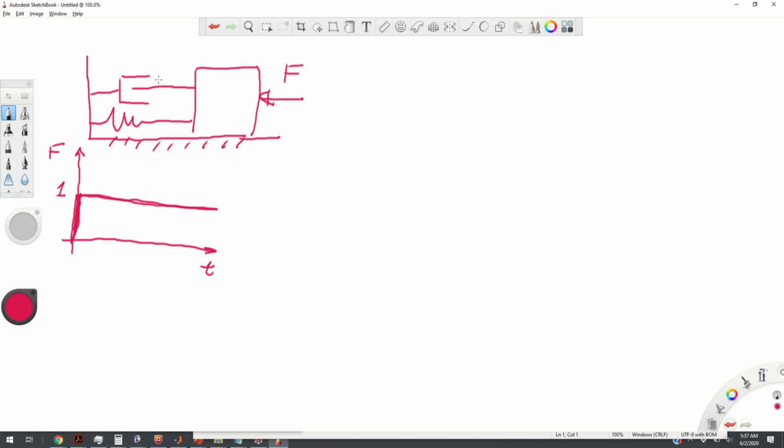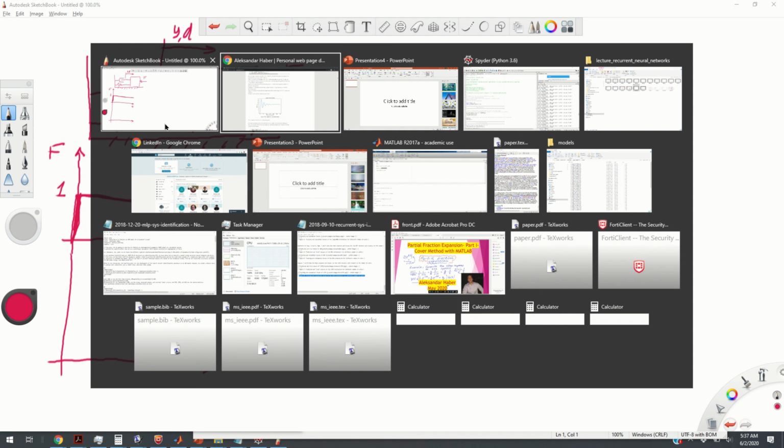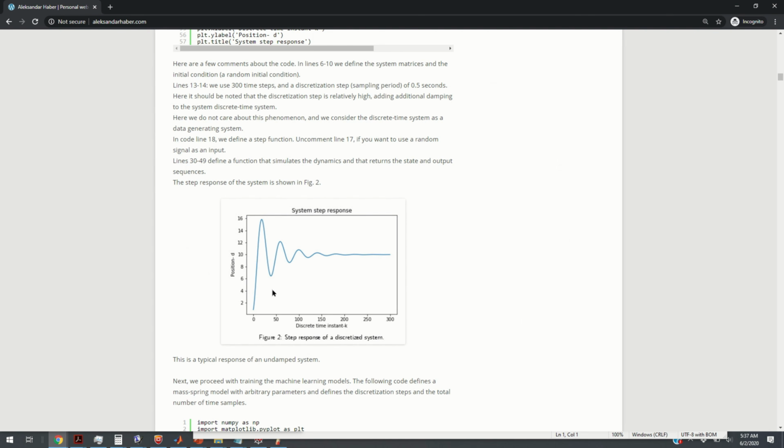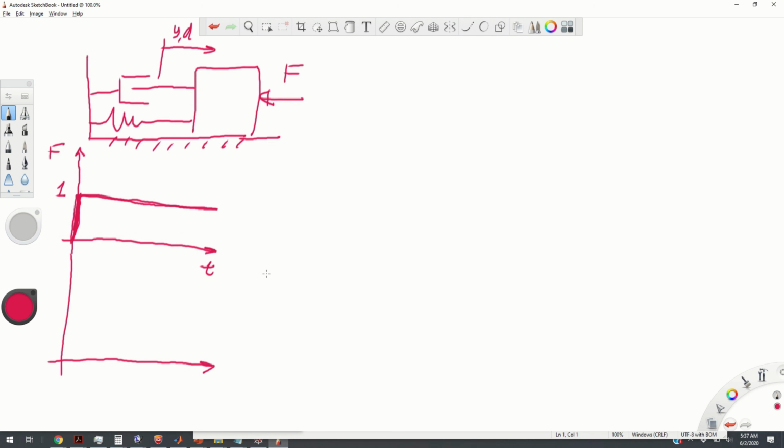The output of the system, our output or the displacement of the system, as we can see from the graph over here, the system will oscillate, but it will settle after some time.